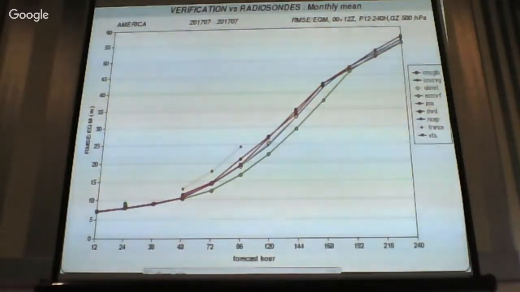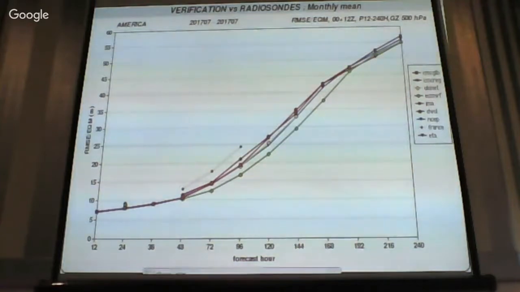This is RMSE in meters of the height of the 500 millibar as a function of lead time. In red, this is the error made in July of this year by the Canadian model, and then we have the competition. In green, this is ECMWF.